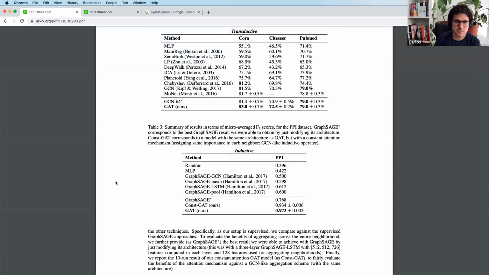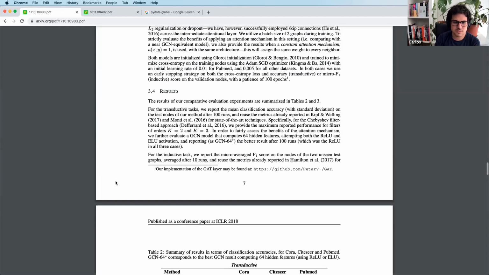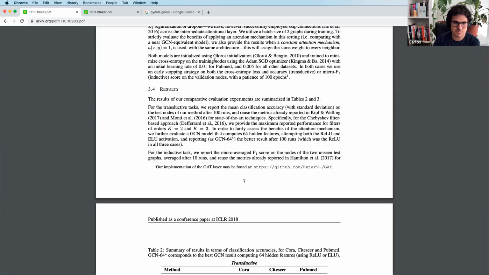So I think that there is a bit missing here to understand. Well, if you relax a bit regularization, maybe you can get a different set of results. But yeah, otherwise the training seems fairly standard.